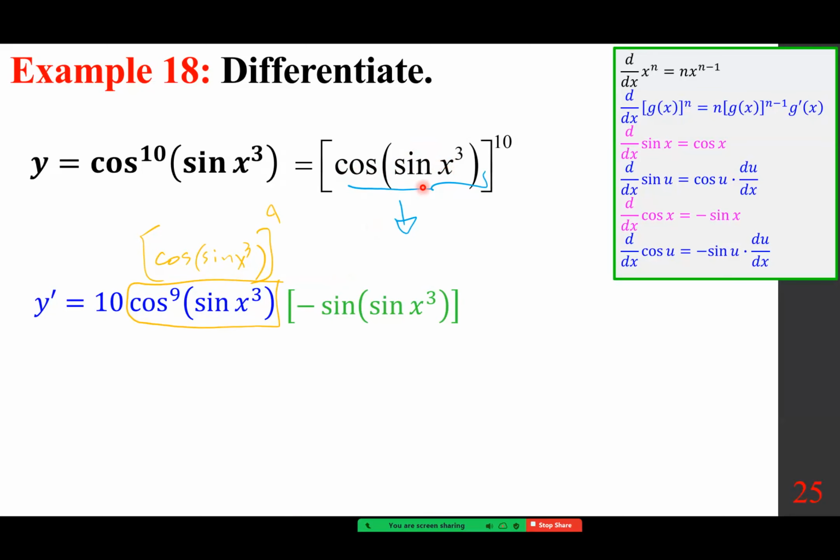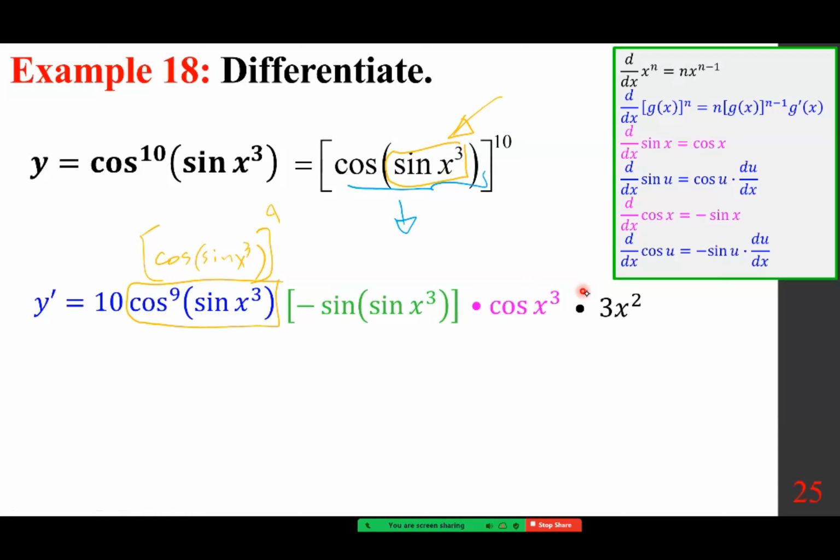No. Then we need to differentiate this now. Times the derivative of sine x cubed. What is the derivative of sine? Cosine. Cosine of what? The same thing. Cosine of x cubed. Is this x? No, it's x cubed, so times 3x squared.